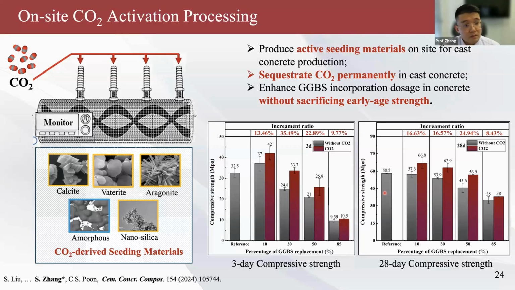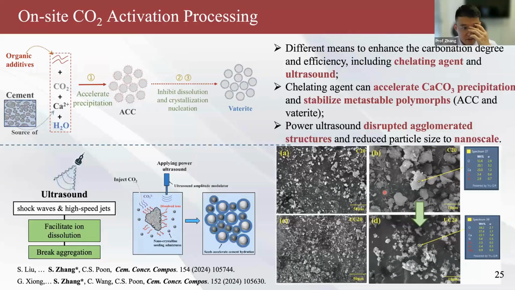We try different means to amplify and control this activator. For example, we use different chelating agents, which enhance the calcium dissolution rate. These organic additives help enhance the carbonation efficiency. We found that they not only enhance the efficiency of carbonation, so more seeding material is generated, but can also stabilize some metastable polymorphs.